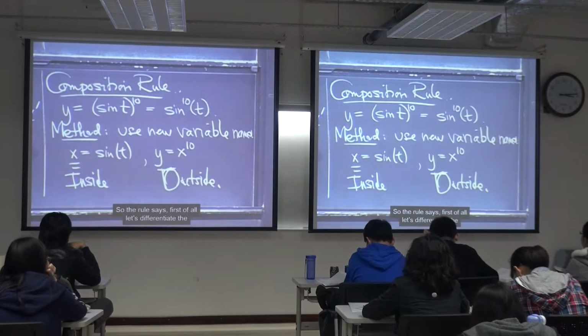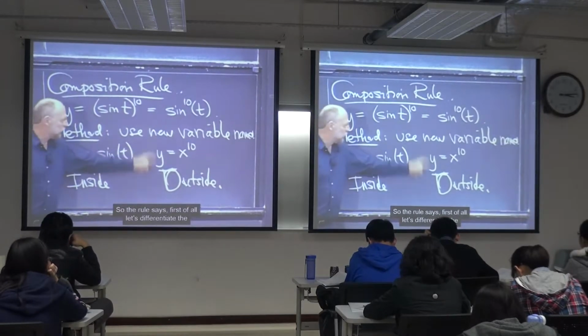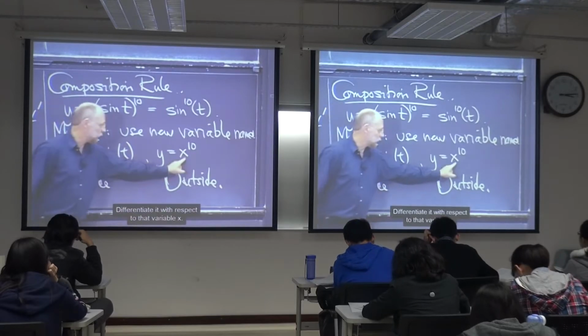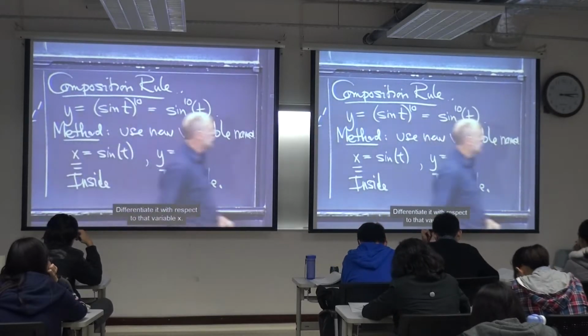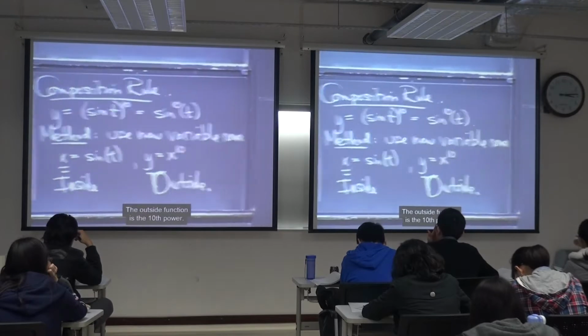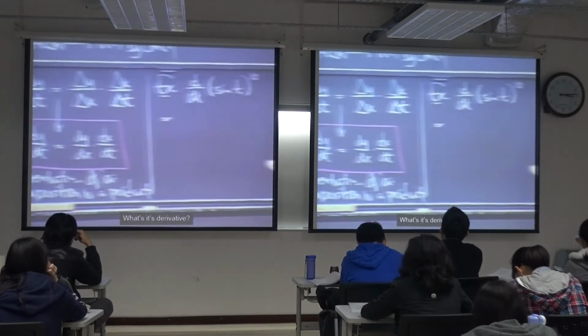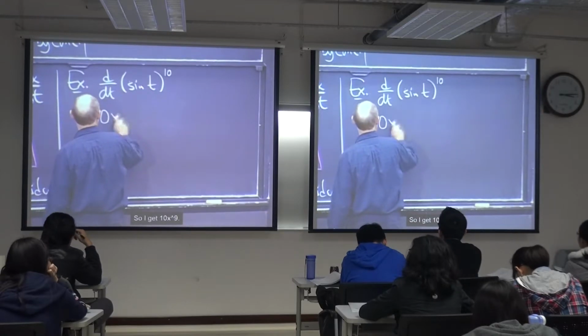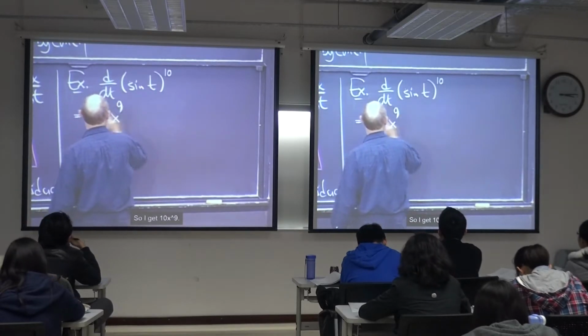So the rule says, first of all, let's differentiate the outside function. Take dy/dx, differentiate it with respect to that variable x. The outside function is the 10th power. What's its derivative? So I get 10x to the 9th power.